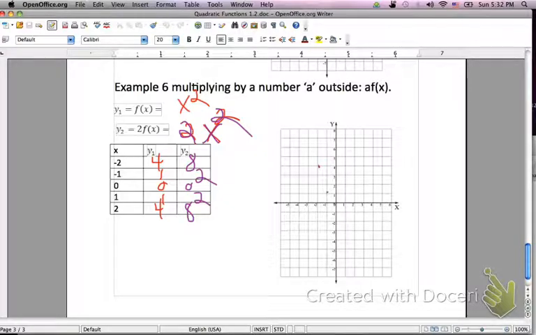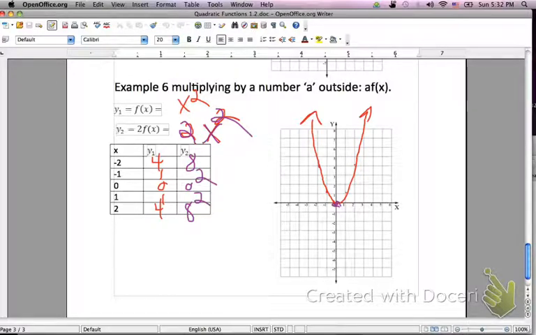Okay, so I'm graphing it. So a negative 2, 4, negative 1, 1, 0, 0, 1, 1, and 2, 4. There's our parent function. Okay, same thing. We know we have a vertex at the origin.